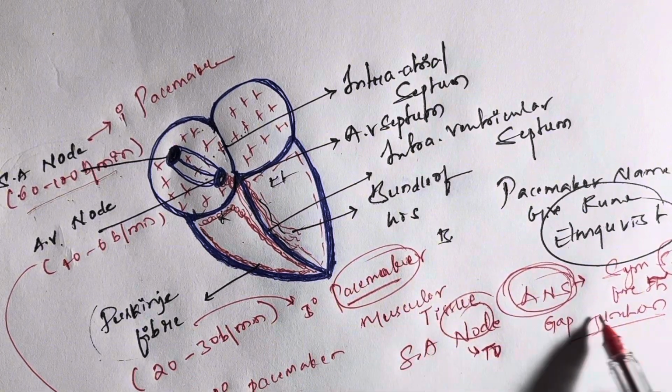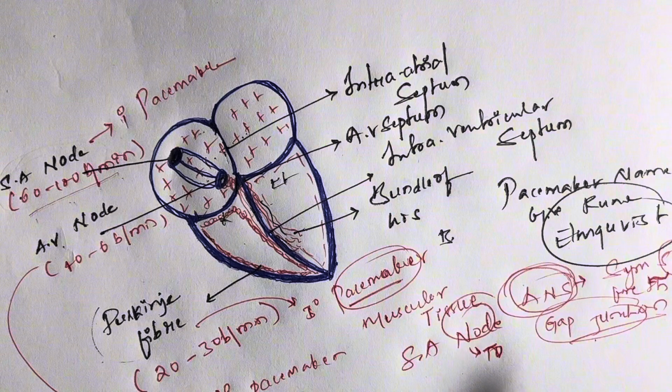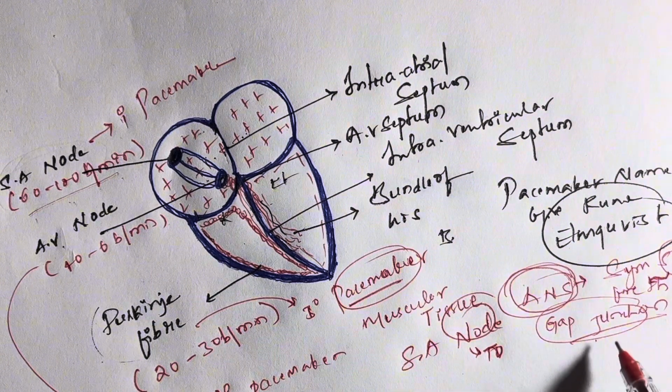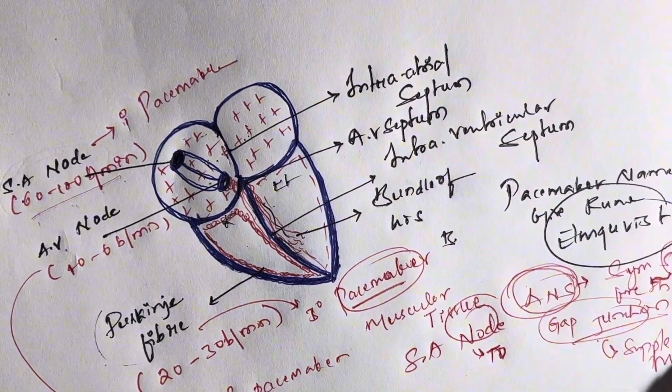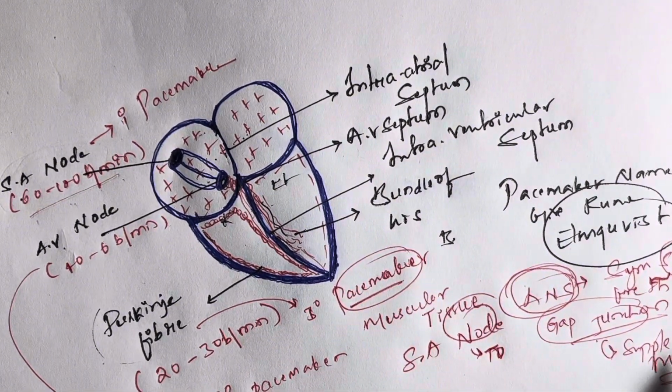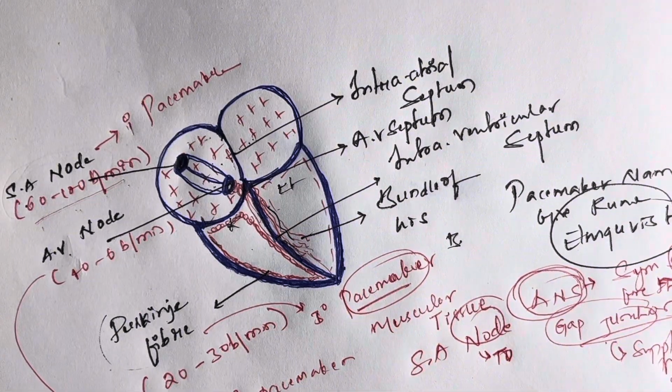The next thing is gap junctions. Gap junctions are specialized conductive fibers that supply impulses more.